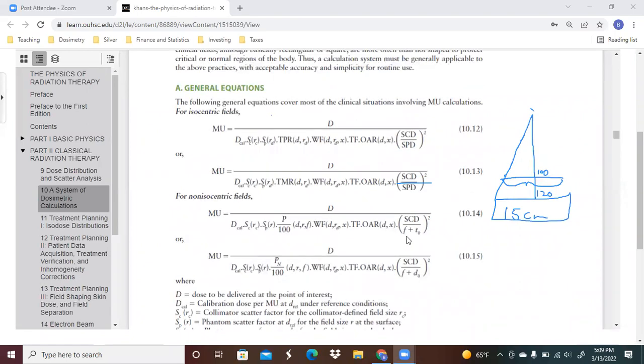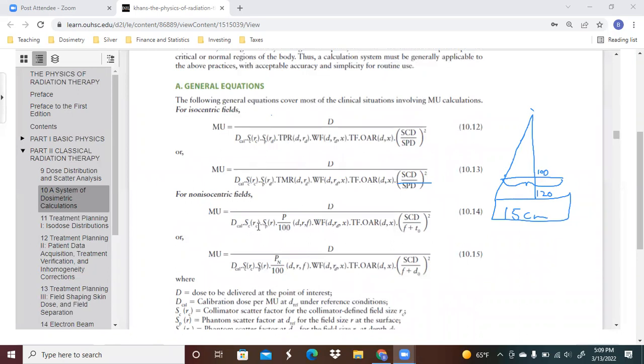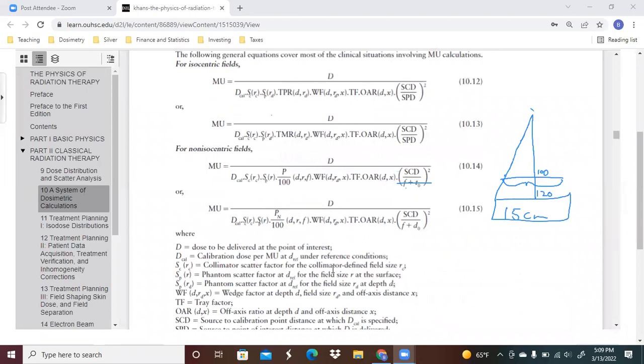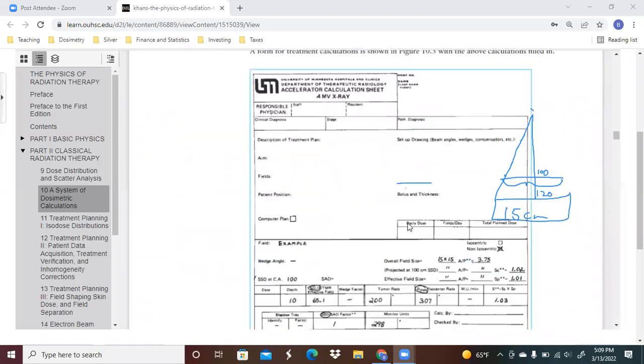So again, we have to deal with the collimator scatter factor at the collimator defined setting here, but our phantom scatter is going to be the field size R at the surface. So that's where this is coming from.